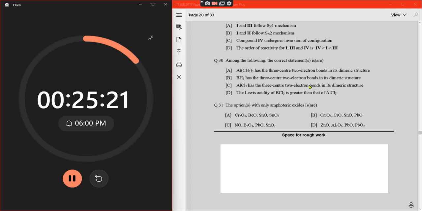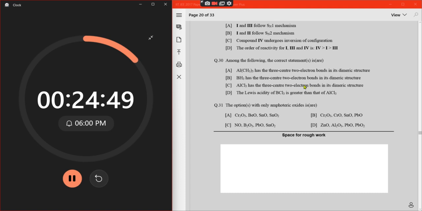No. 3 center, 2 electron bonds in its dimeric structure. Wait, but nahi, it's not that. इसमें hydrogen वगैरह होता, that would actually make sense, but then nahi, that's not there, right? So I don't think it's correct.